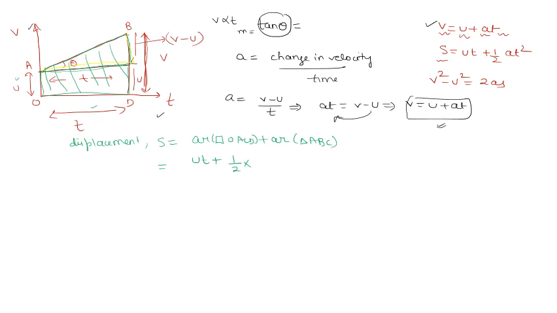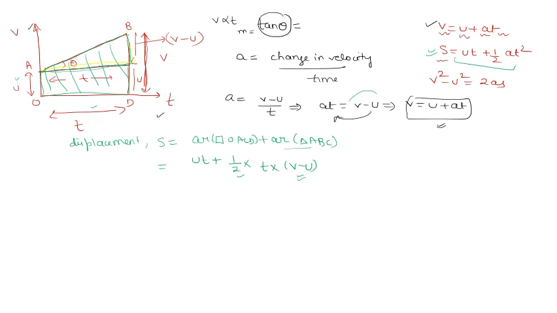So the area of triangle is half, base into height, where base is t and height is v minus u. Now you can see in the second equation, do you have v here? No, you don't have the v notation here. So you need to remove this v.